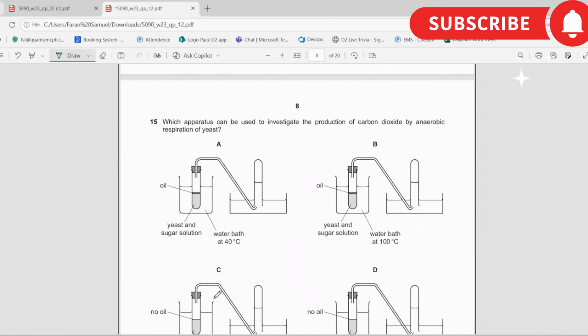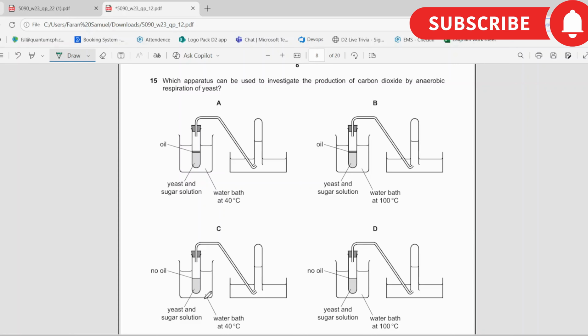Okay, the experiment is given to investigate the production of carbon dioxide by anaerobic respiration of yeast. Now yeast and sugar solution is added in all. A and B are provided with the layer of oil so that oxygen cannot go into.